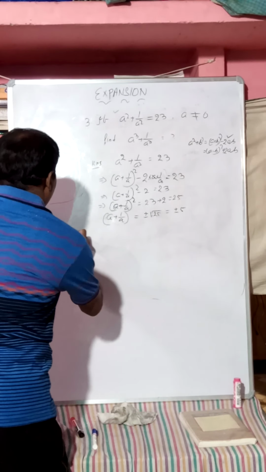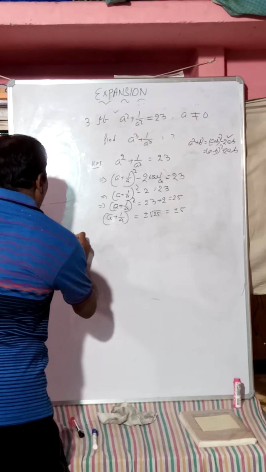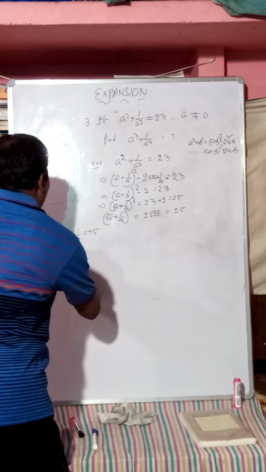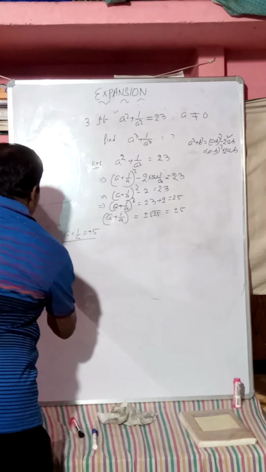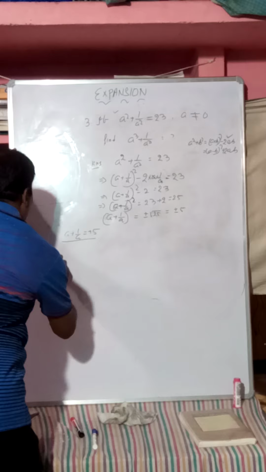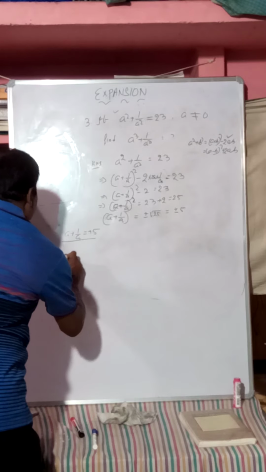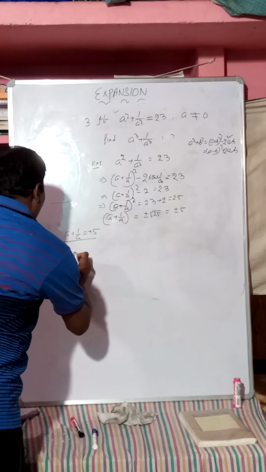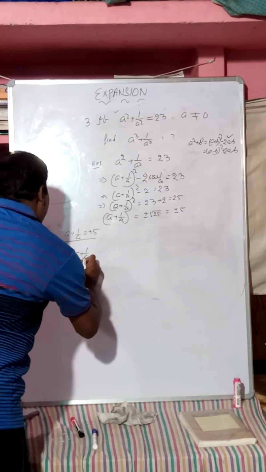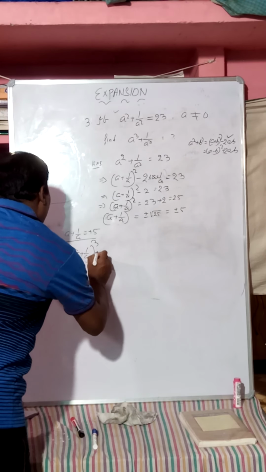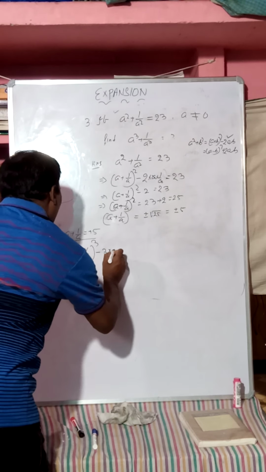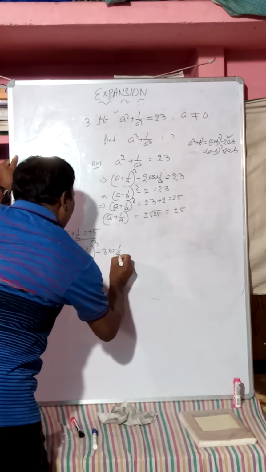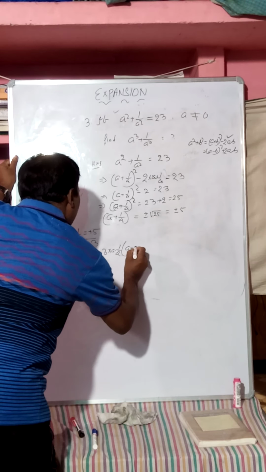So first, whenever a plus 1 by a is equal to plus 5, what is the value of a cube plus 1 upon a cube? We know a cube plus b cube is equal to a plus b whole cube minus 3ab into a plus b.